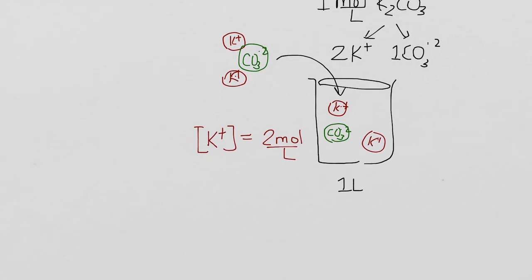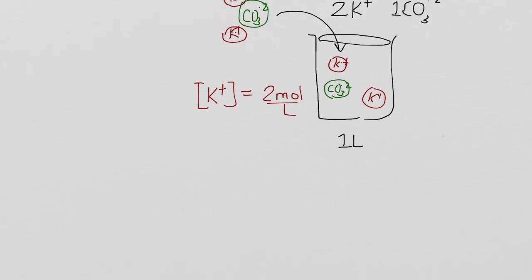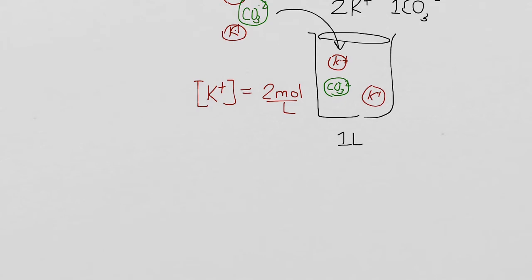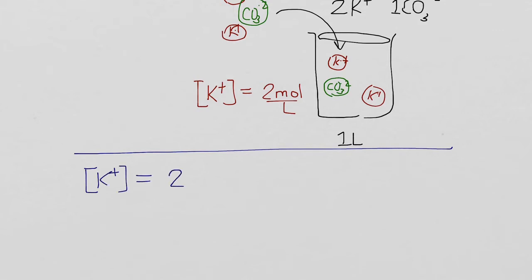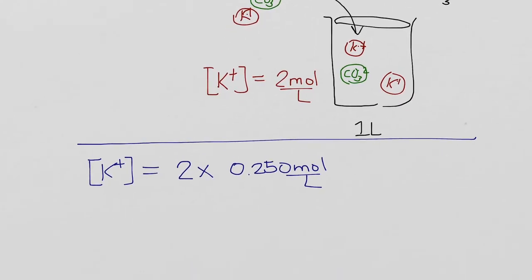One way of doing this is, again, thinking about this question and saying that the relation is 2 times. You can say that the potassium ion concentration is just going to be twice that of the concentration of the formula unit itself. 2 times 0.25, which is equal to 0.50 moles per liter.